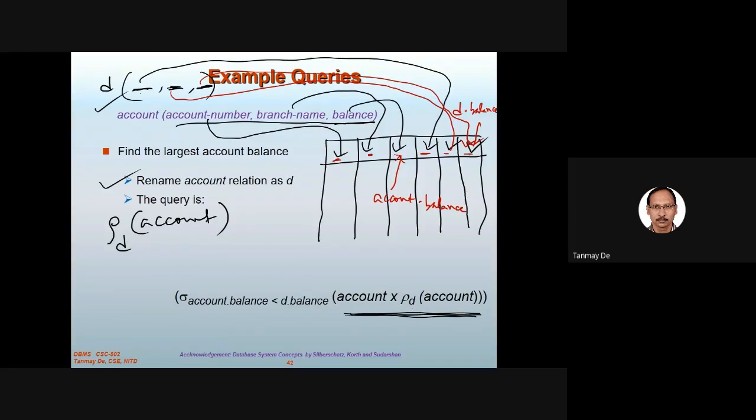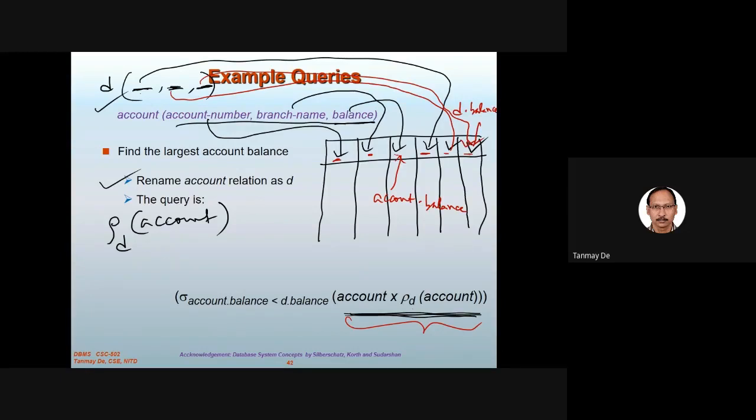Yes, sir. This Cartesian product gives us all combinations of the same tuples. Now from that we select the tuples where account dot balance is less than D dot balance.